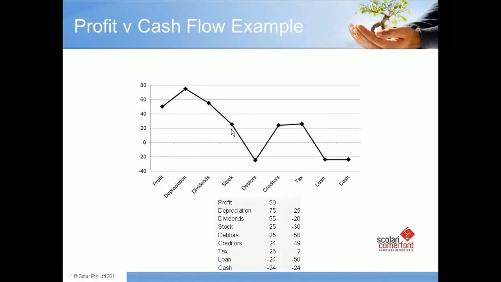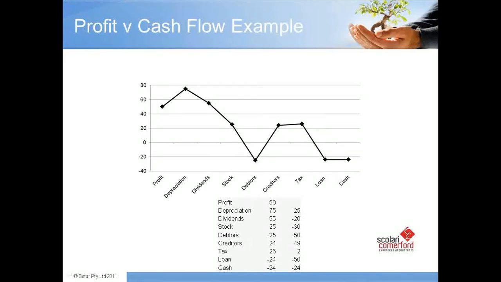Your stock actually went up by $30,000. The difference between June last year and June this year, you've actually bought 30 grand worth more of stock. So that has actually impacted on your cash flow and has come out of the profit that you've generated. So now we're down to $25,000 at the moment.